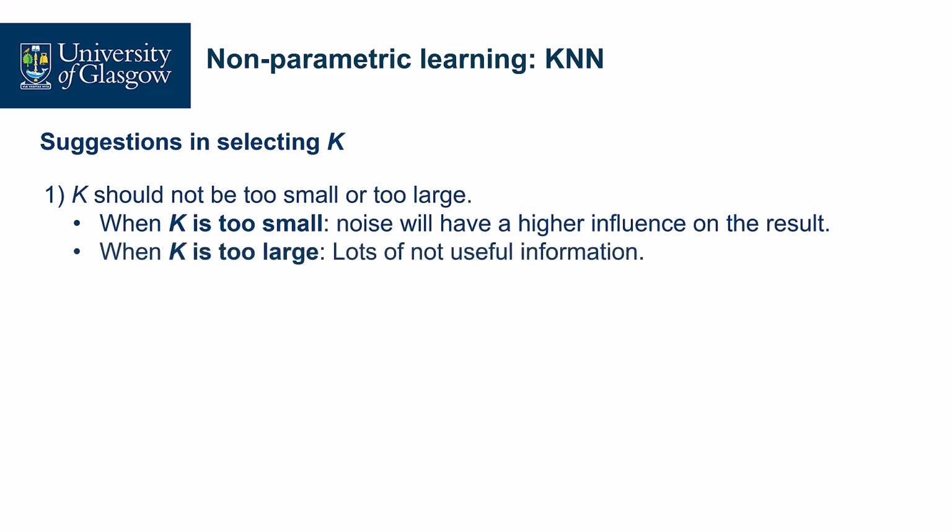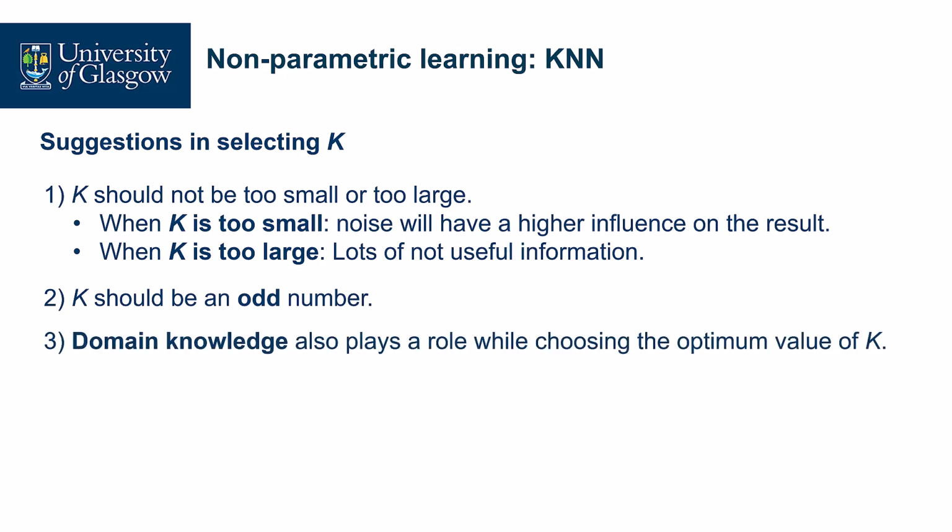Also, k should not be too large, because when k is too large, we include useless information from points that are not really its neighbors. Also, k should be an odd number, because if we use an even number, maybe the number of votes for category A and category B are the same. Then how to make the decision?